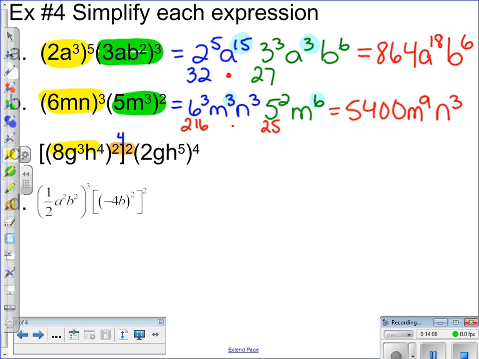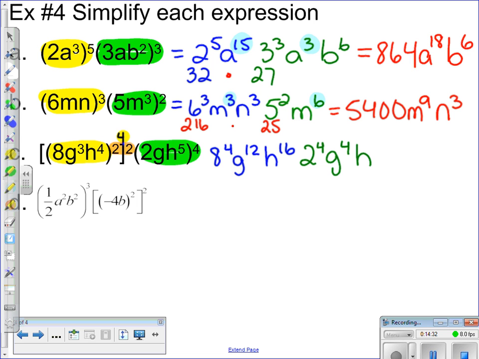Now, I'm going to take that 4 and multiply it through. So 8 to the 4th. G, 3 times 4 makes 12, and H, 4 times 4 makes 16. Now the second part, 2 to the 4th, G to the 4th, and 5 times 4 makes H to the 20.